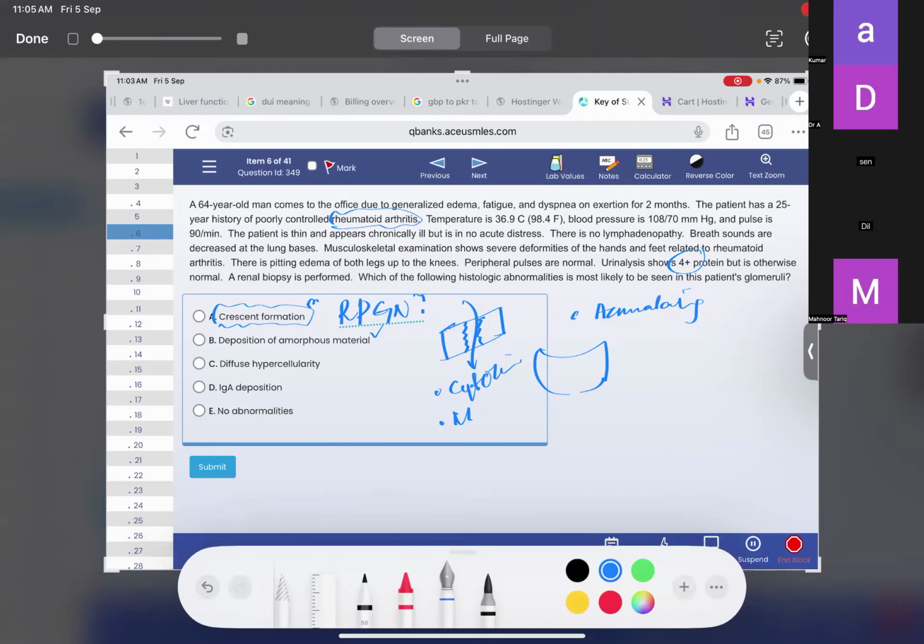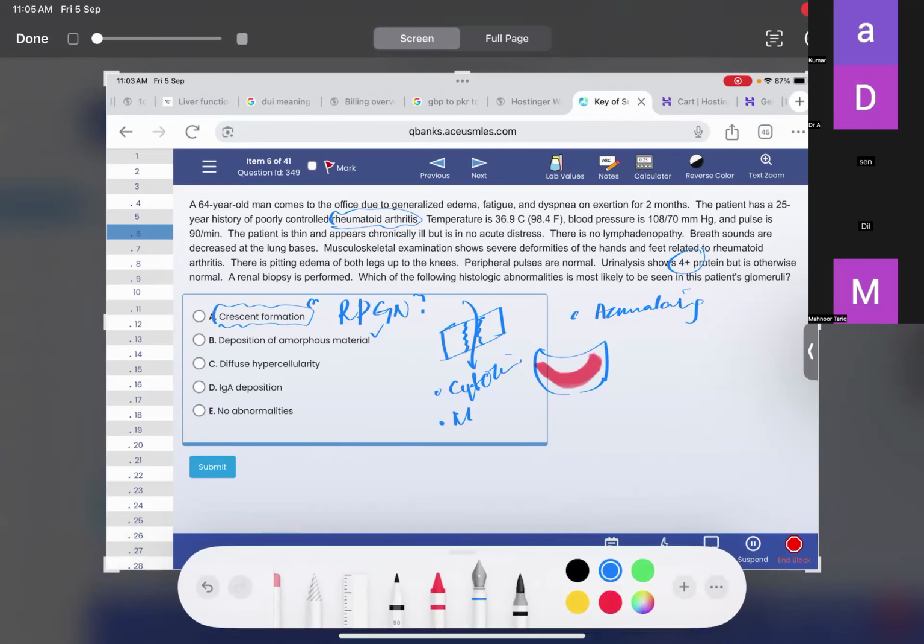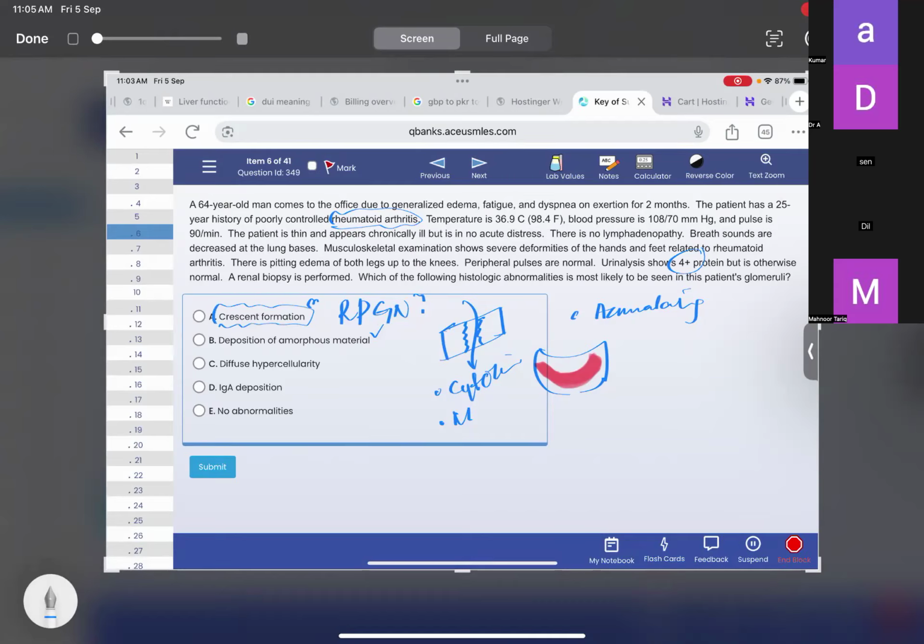A crescent is like a moon shape. So we have lots of different cytokines and inflammatory cells. We will have hypercellularity, and most importantly we have fibrin here, right? Yes, sir. Correct me if I make some mistakes. So it forms a crescent.